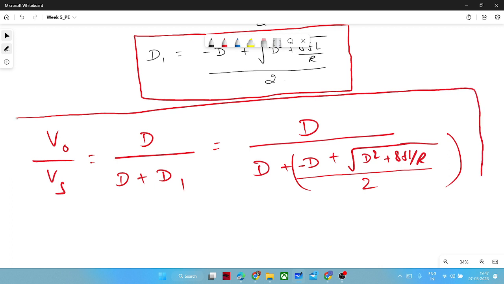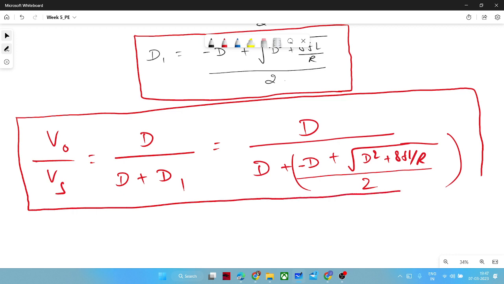Now you will be given the frequency, inductor and resistor. Then you will be easily able to compute the gain, that is V naught by Vs, even in the case of discontinuous conduction mode. If you know this expression, you do not have to verify with the graph.